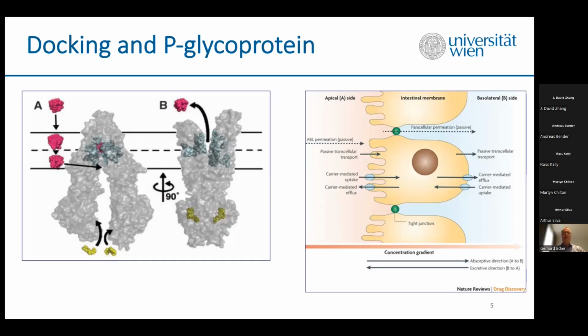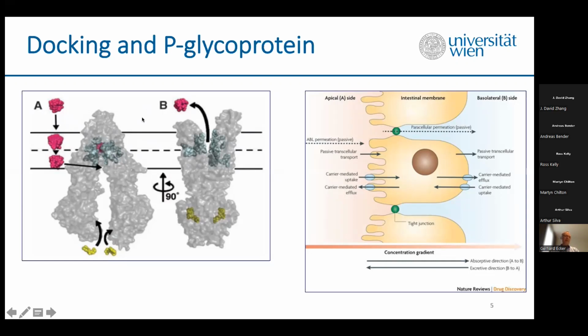And here I would like to briefly guide you through how we regularly do that in our group. As an example, I take P-glycoprotein, this drug efflux pump, because we did a lot of work on it. It is expressed in the membrane, sensing toxic compounds while they diffuse through the membrane, and, ATP-driven via conformational change, pumping them out, thus maintaining a concentration gradient between inside and outside the cells.